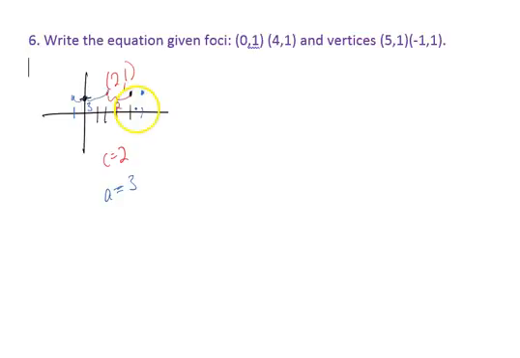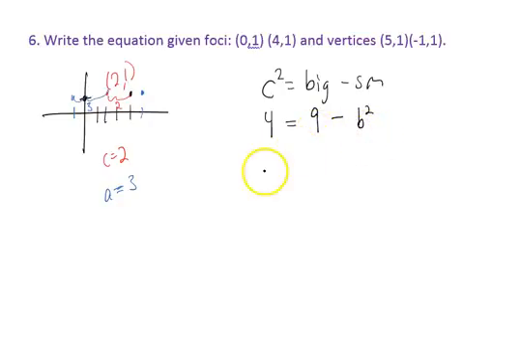What I don't have is B, and so I'm going to have to go to that formula, C squared equals big minus small, to figure out what B is. C squared, 2 squared, would be 4. The big number would be whatever A squared is, and so A is 3, A squared would be 9. Our small number is B squared, and we're looking for B. So I just need to solve this. If I subtract, I get -5 equals -B squared.